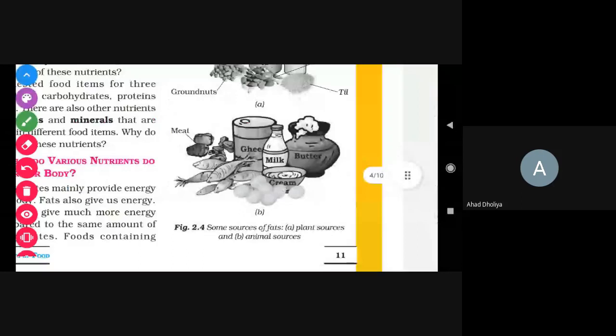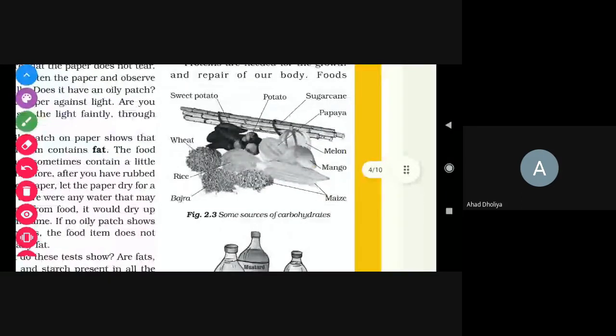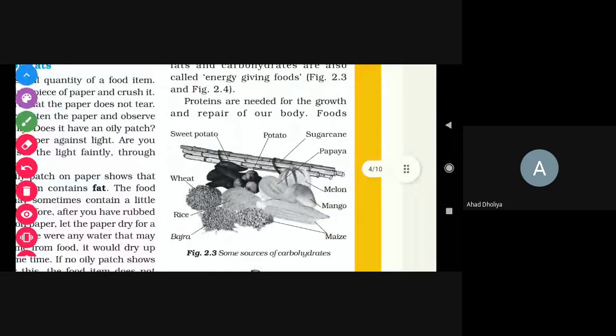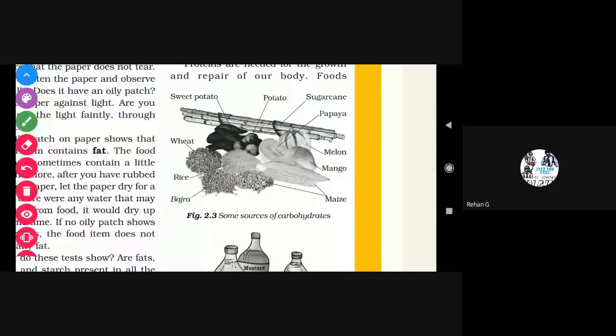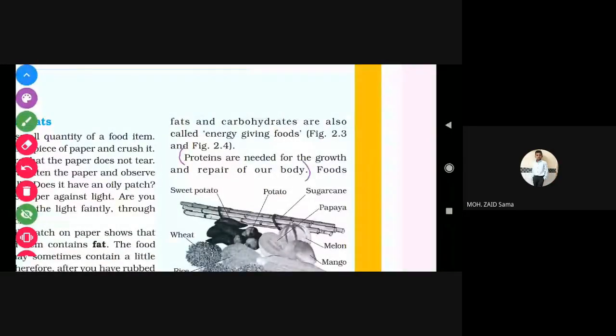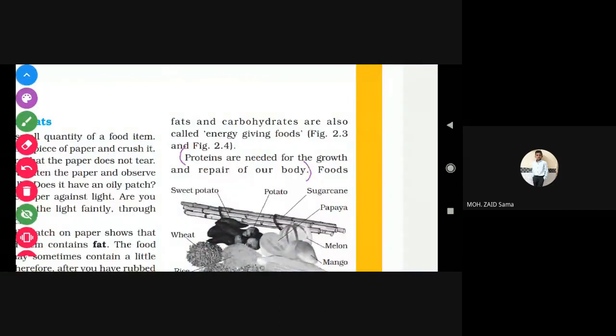And what do you have to write now? Beta, make it fast.